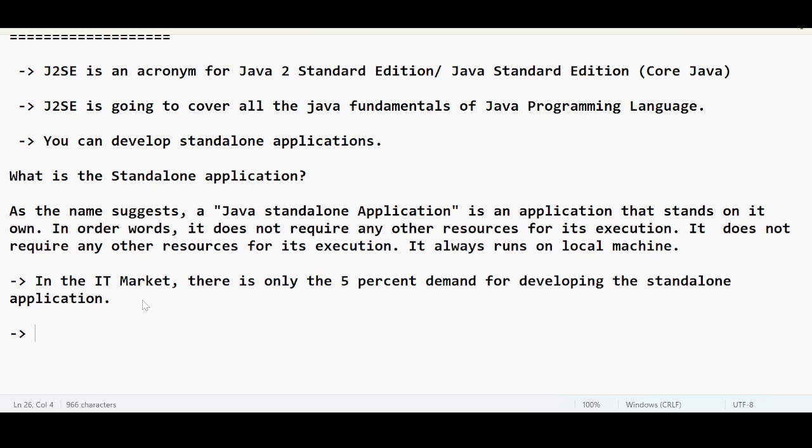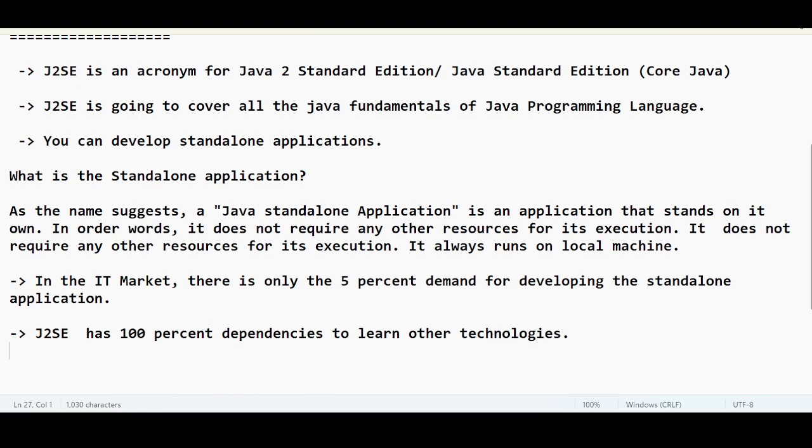There is a dependency: Java, J2SE has 100% dependency to learn other technologies.